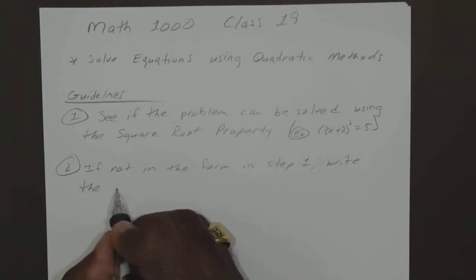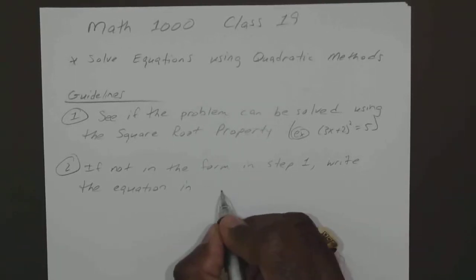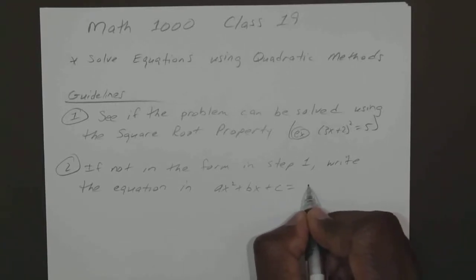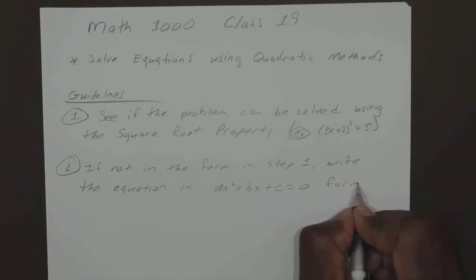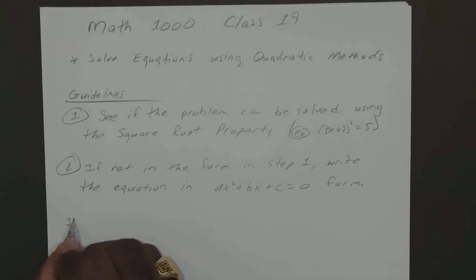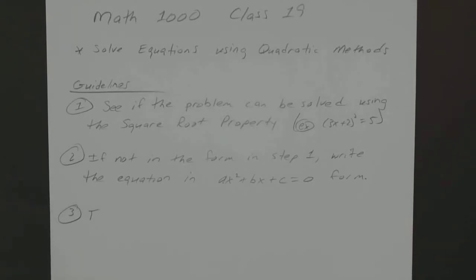Let's write the equation in ax squared plus bx plus c equals 0 form. Okay. So third step is just try to solve using whatever factoring method you want.